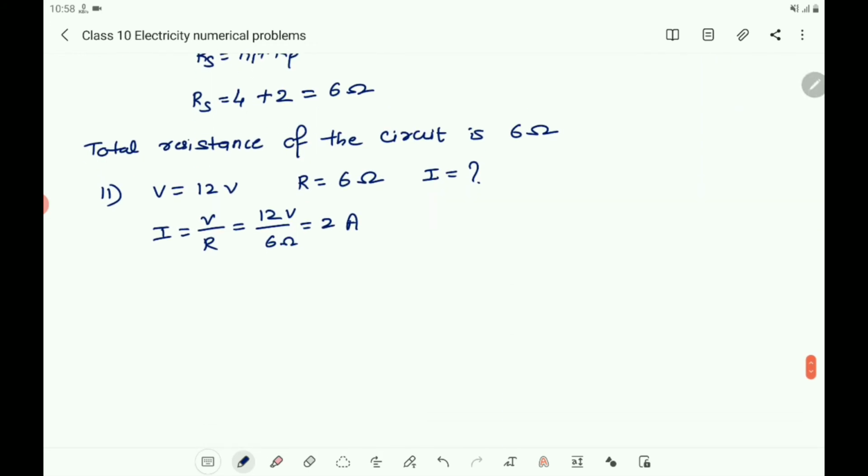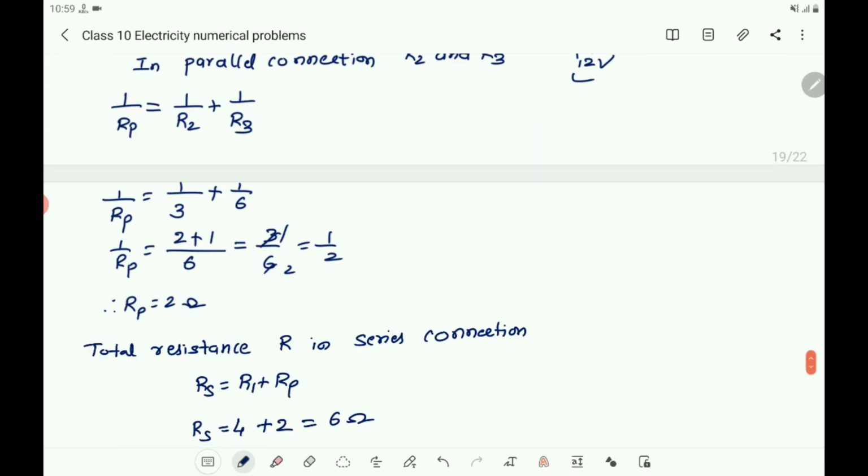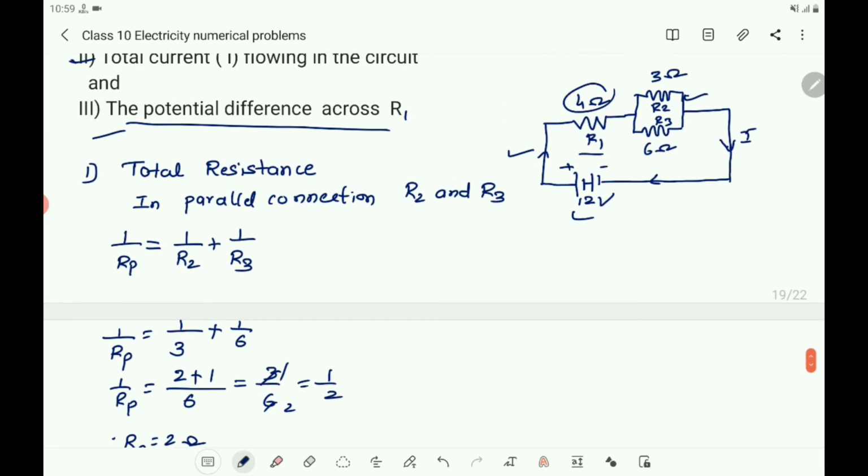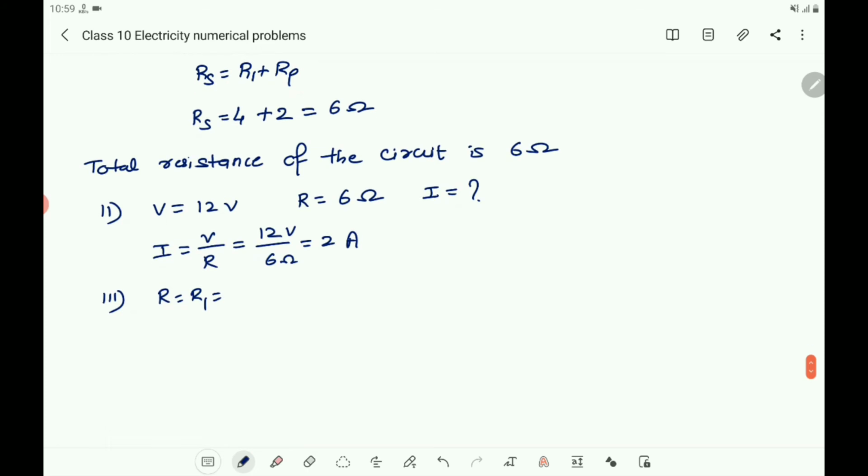So you take the third one, R equals R1, that is 4 ohm, then the current will be the same, that is I equals 2 amps.